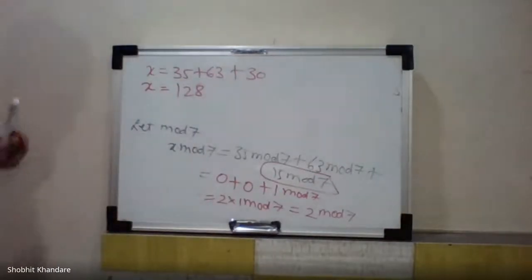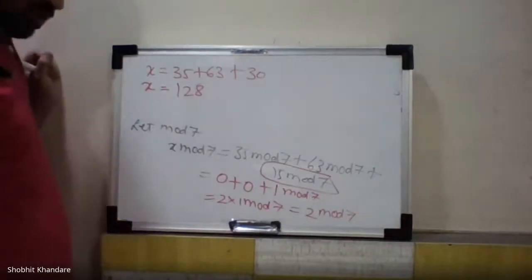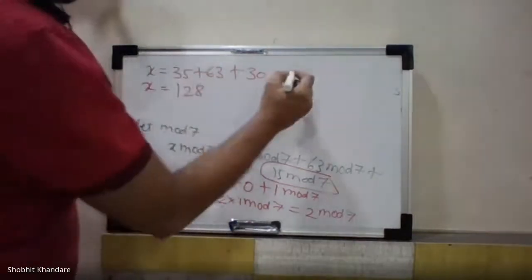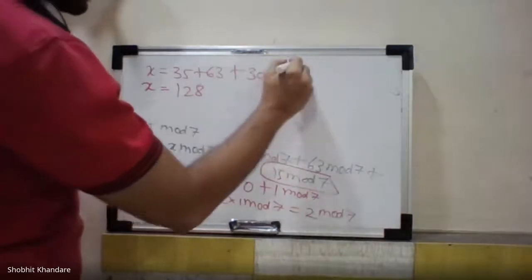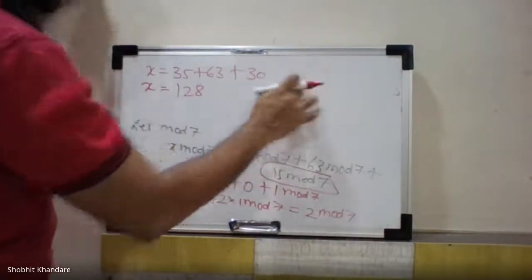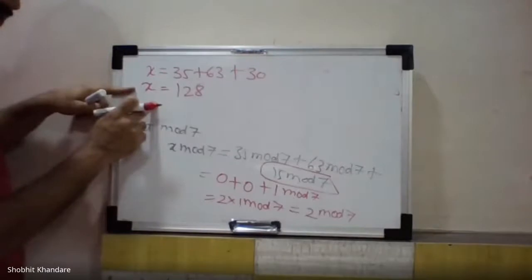Now we'll cross check. All of you, please cross check. The value of x is 128.